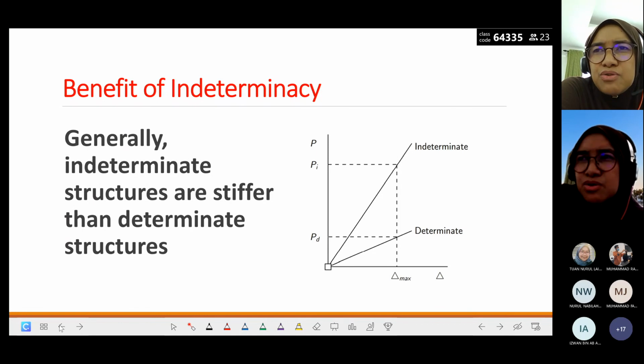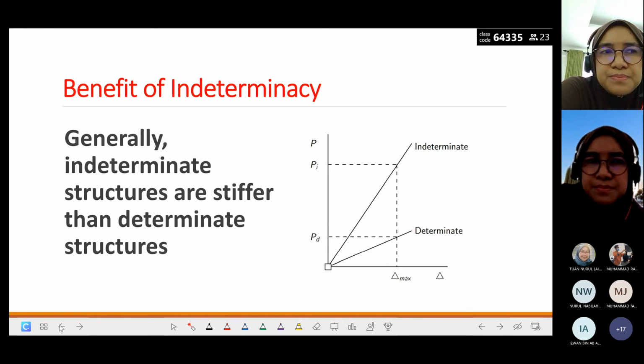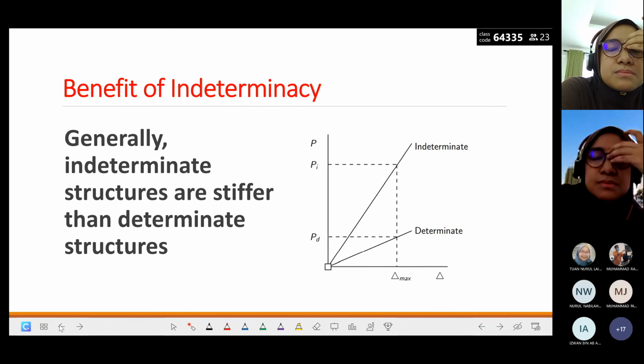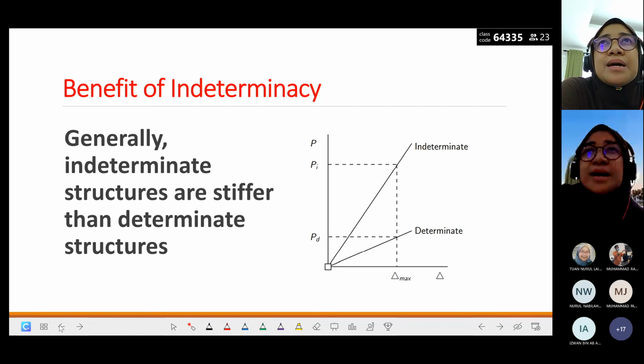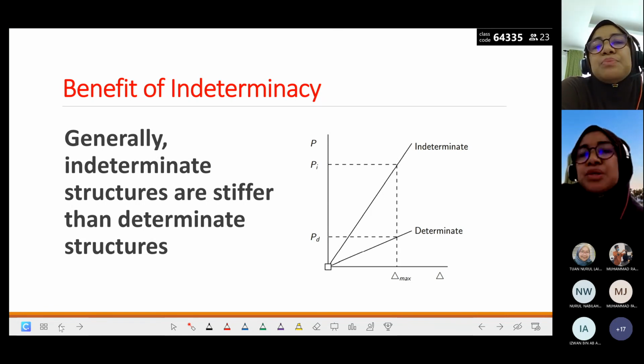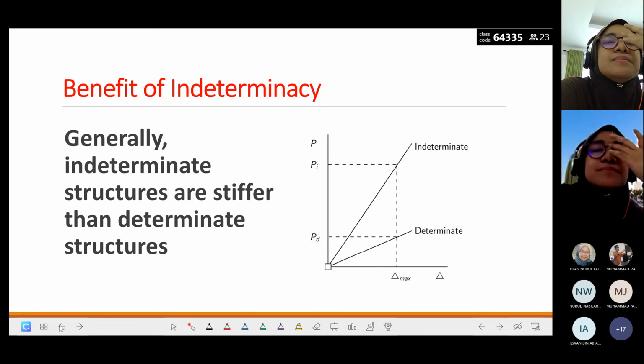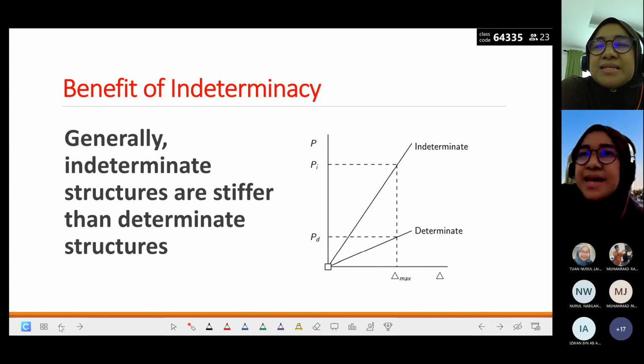Stiff and rigid, do you know the meaning of that? Yes, betul. Between stiff and flexible, do you understand the difference?